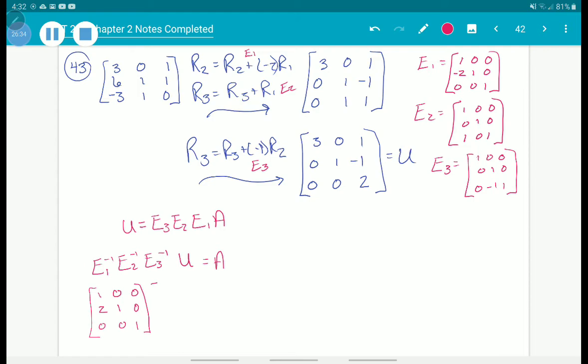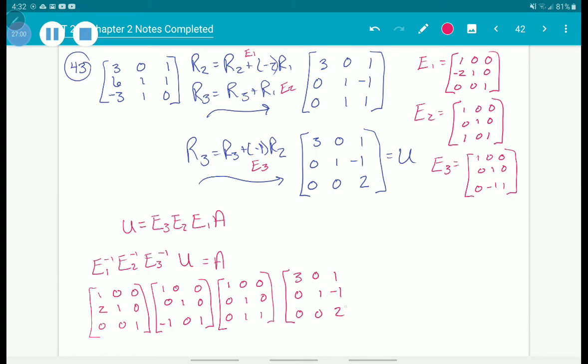E2 inverse is this one. E3 inverse is this one. U is this. And A is what we started with.